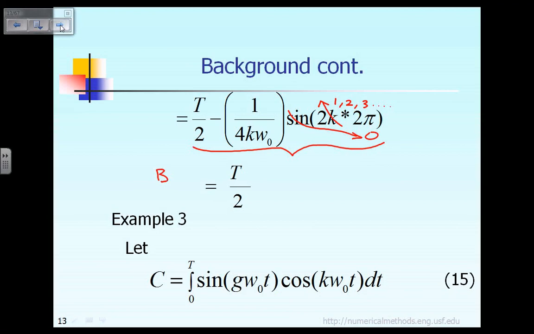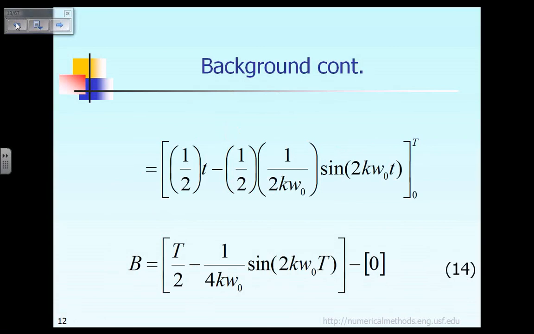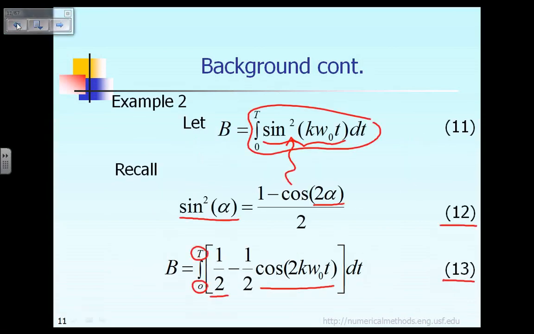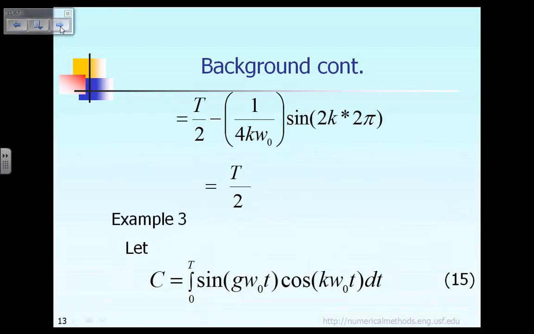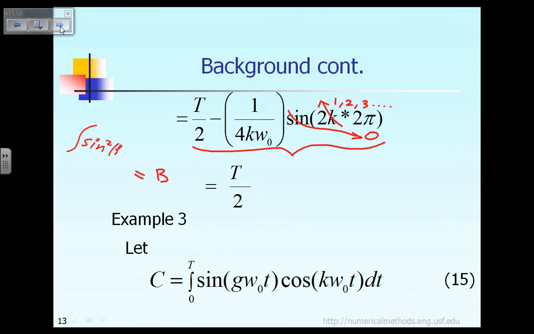According to the previous slide, B is defined as the integral of sine square k omega naught t dt, between 0 and the period capital T, as shown in equation 11.